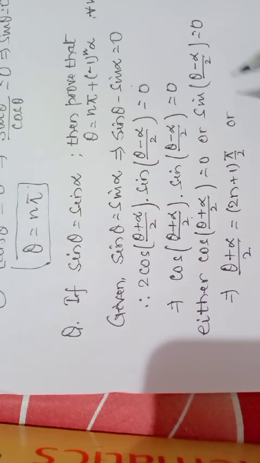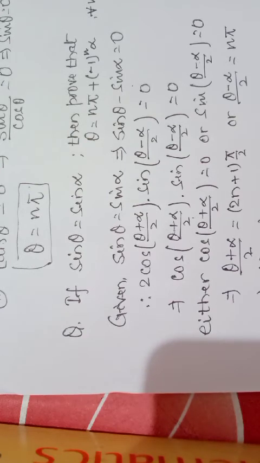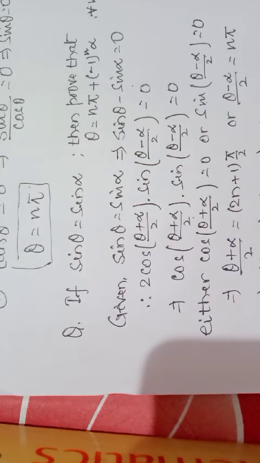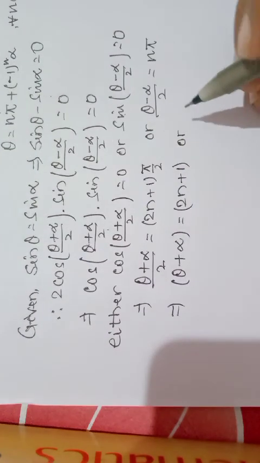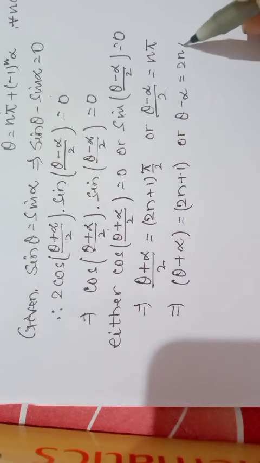Or sine theta is 0 means theta is equal to n pi, so theta minus alpha by 2 should equal n pi. Here the 2 and 2 cancel, so theta plus alpha should be written as (2n plus 1) into pi, and similarly theta minus alpha should be written as 2n pi.